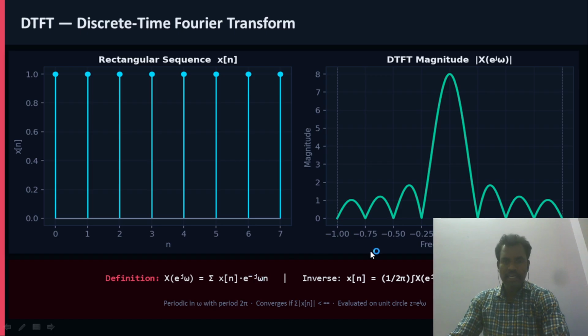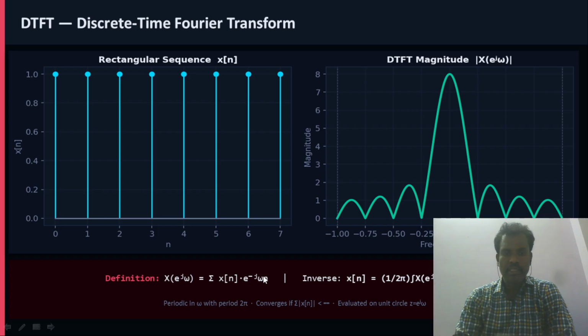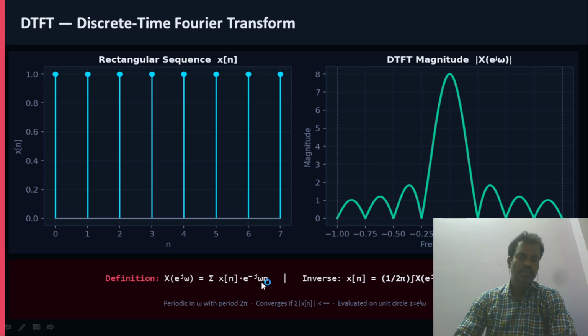W N, and it is discrete. So k is represented as a sample number: e power minus j 2 pi by N into 0, e power minus j 2 pi by N into 1, e power minus j 2 pi by N into 2, and so on.